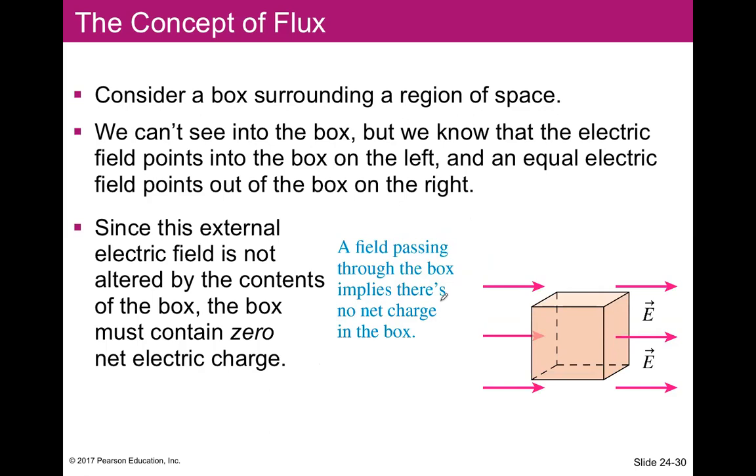In this case, there are field lines going into the box from the left and going out to the right. Since the external electric field is not altered by the contents of the box, it must contain zero net electric charge, because every field line going from the left into the box must go through the box and get out of the box from the other side.